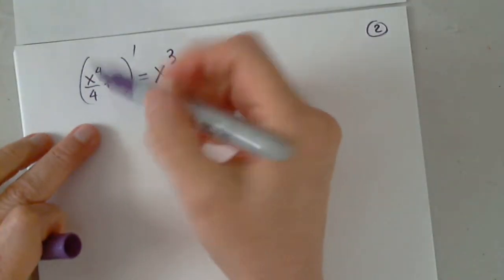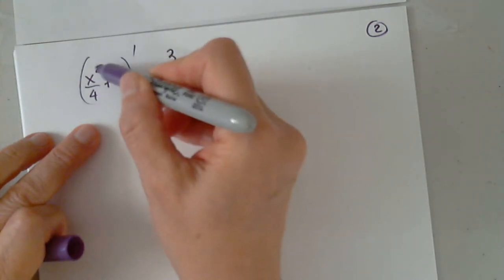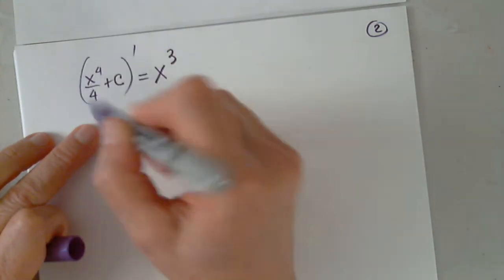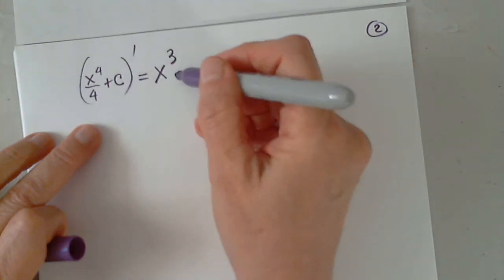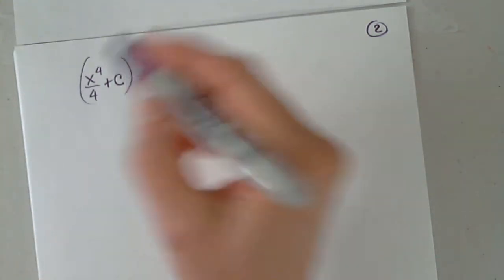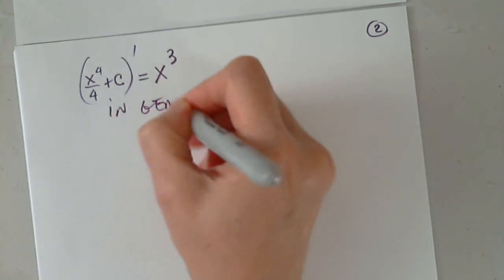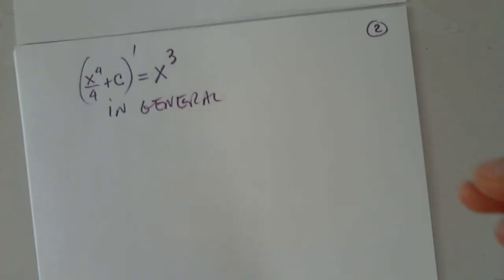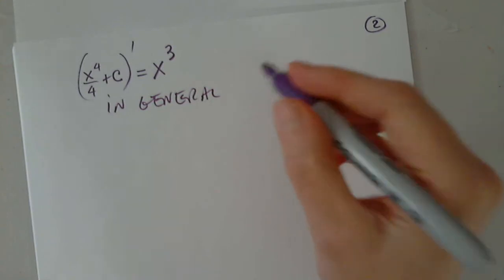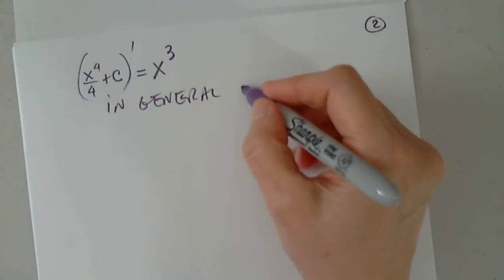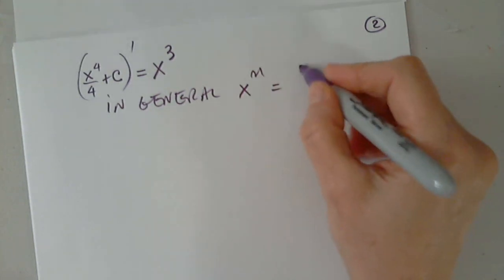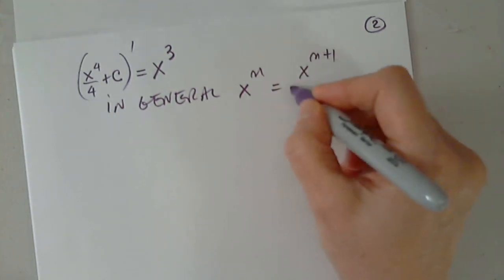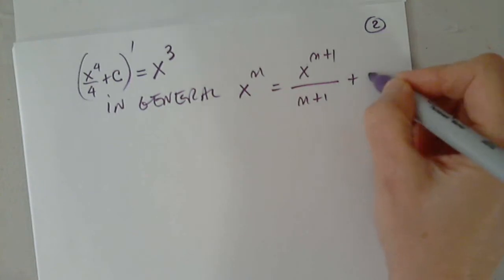Well, when I differentiate x to the fourth over 4, I bring down 4, subtract 1 from the power, I simplify the 4, and I get x cubed, because c prime will be 0. So in general, in order to obtain x to the n, we will have to differentiate x to the n plus 1 over n plus 1 plus a constant c.